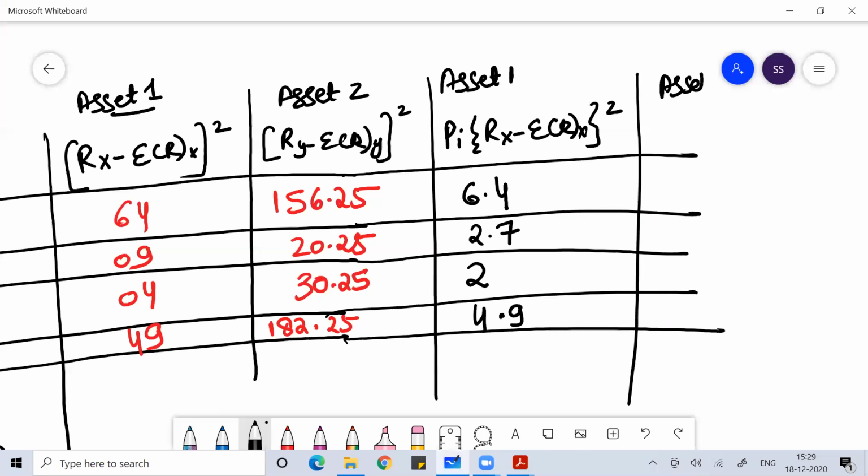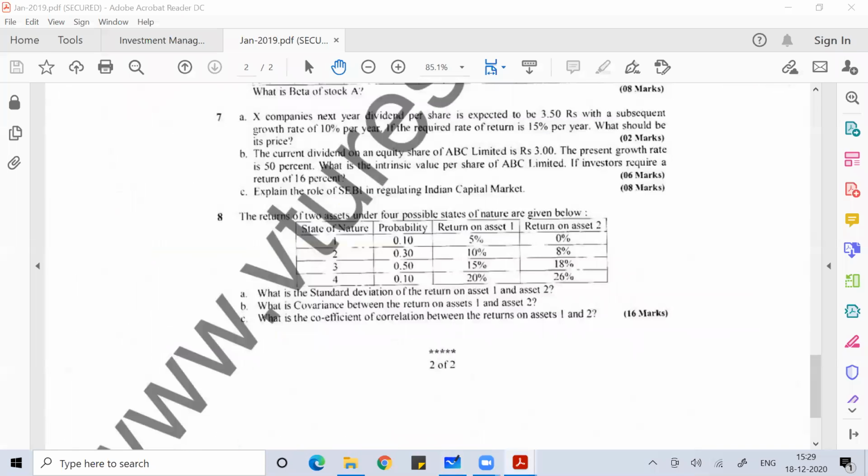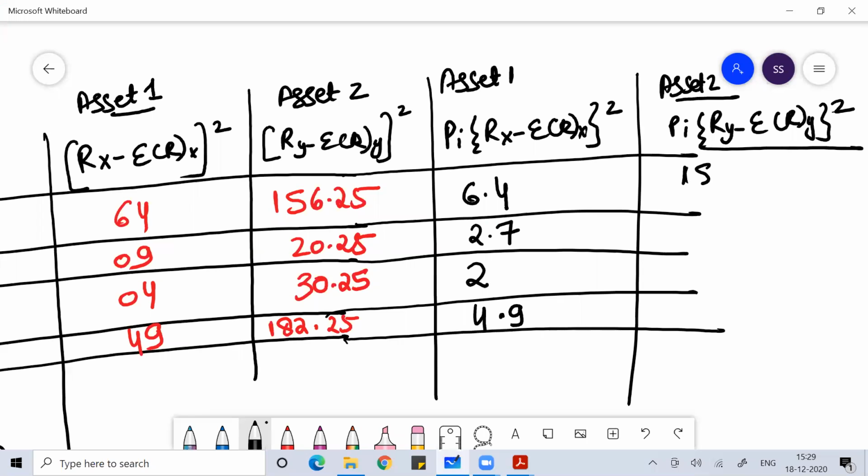Similarly for asset 2, find pi into (Ry minus ERy) whole square. 156.25 into 0.1 is 15.625.